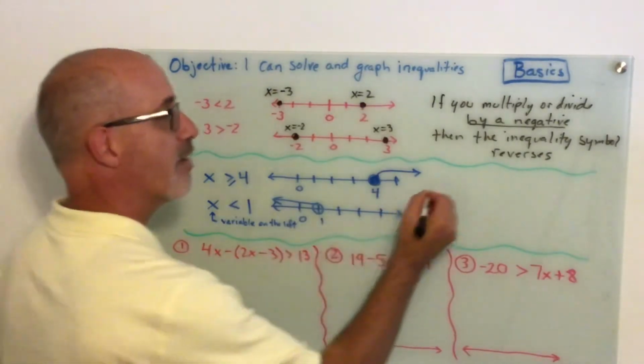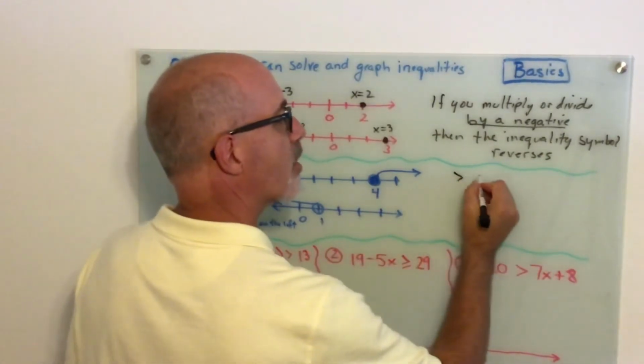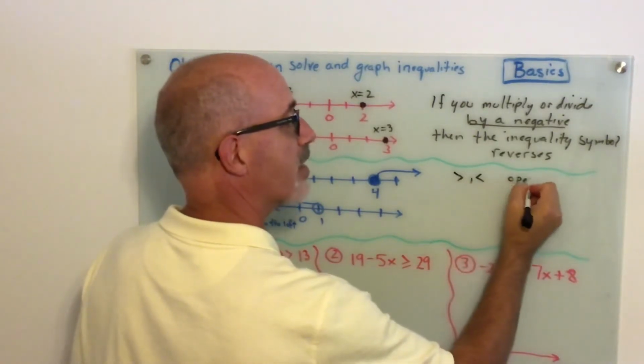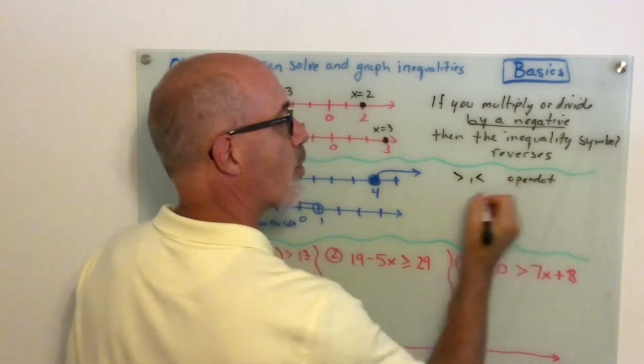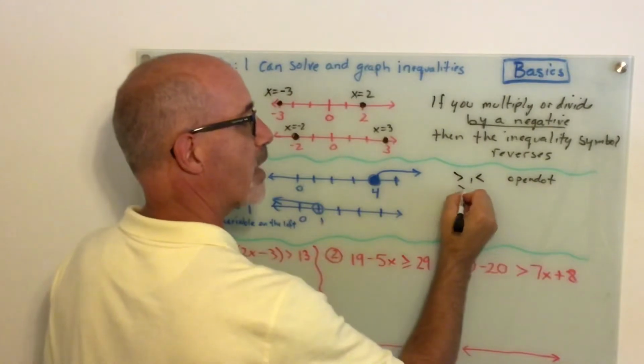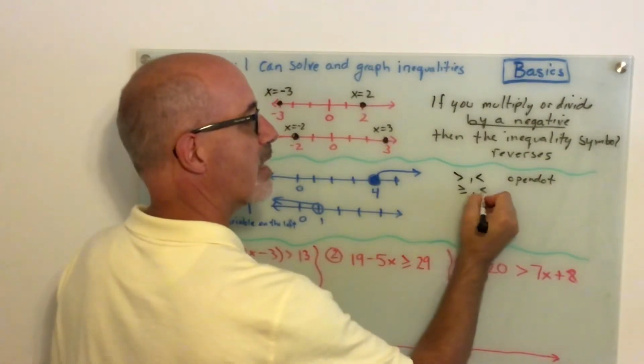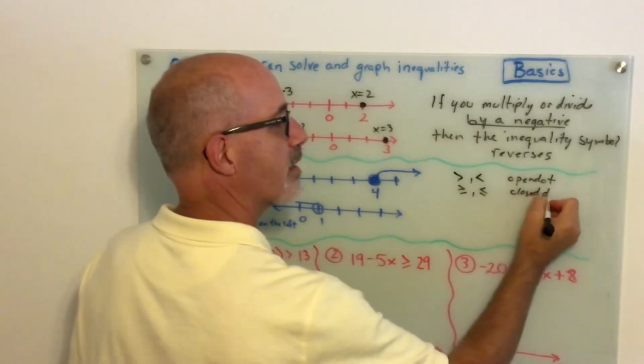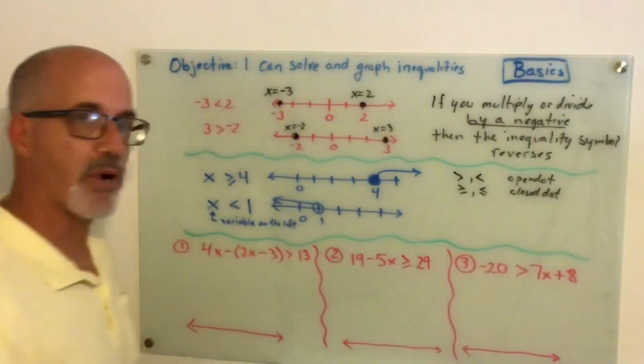So if we have a greater than or less than, that's going to be an open dot, whereas if we have a greater than or equal to, less than or equal to, that's going to be a closed dot because of the or equal to part of it.